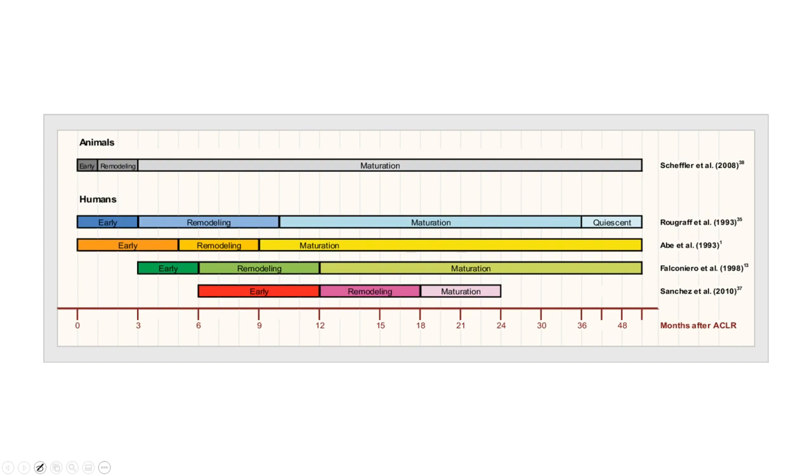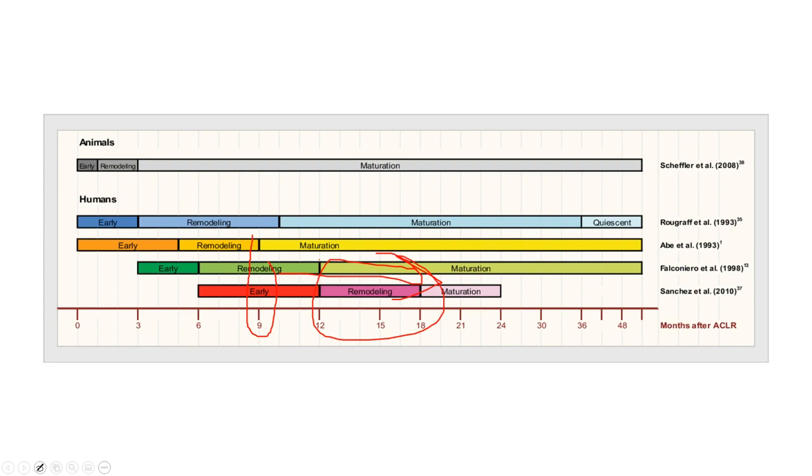So here's a great timeline showing a systematic review of different timelines of maturation and remodeling. Most maturation of an ACL ligament is anywhere from 9 months onward. And that's why you typically see people say someone's probably ready to go at maybe a year to 18 months.